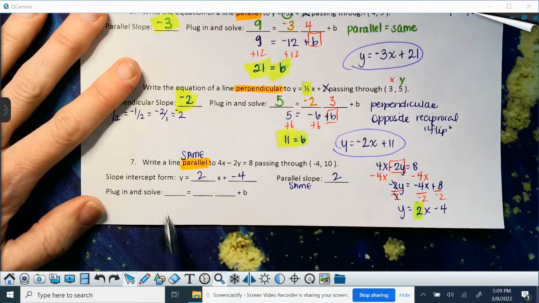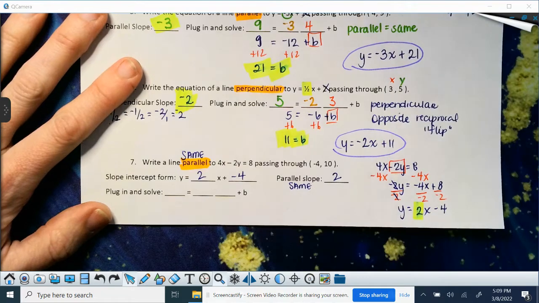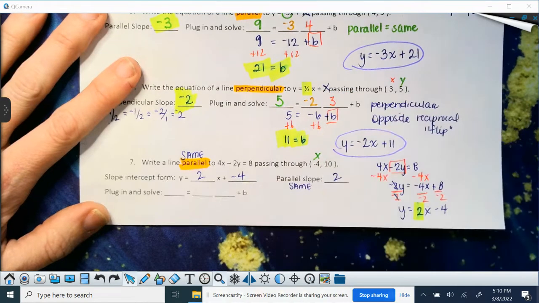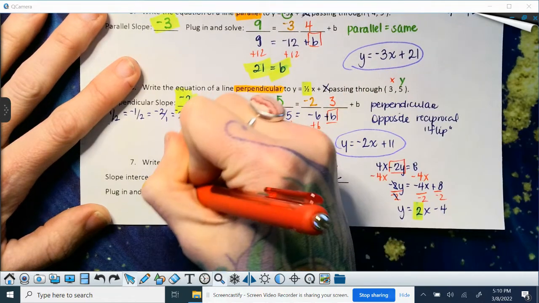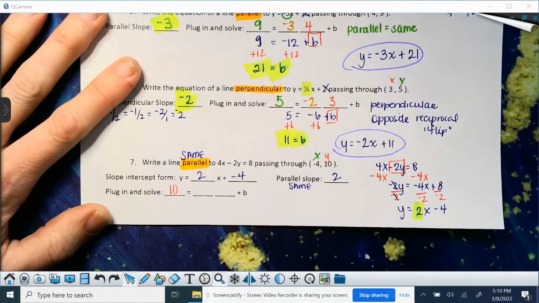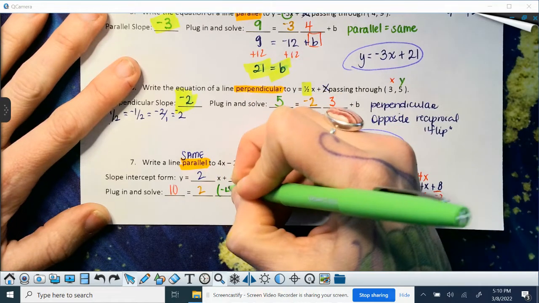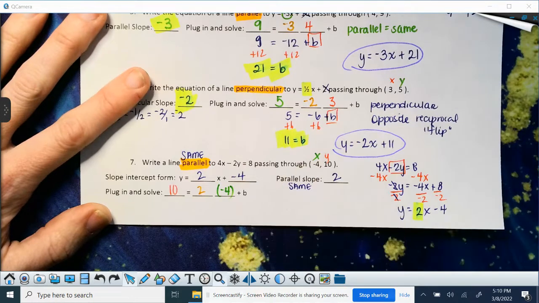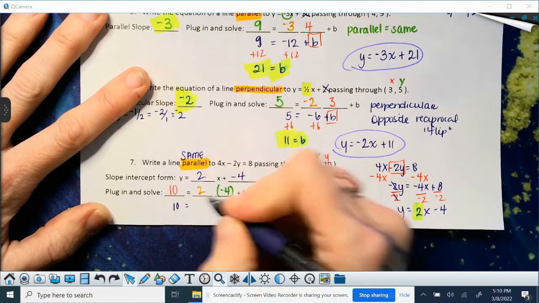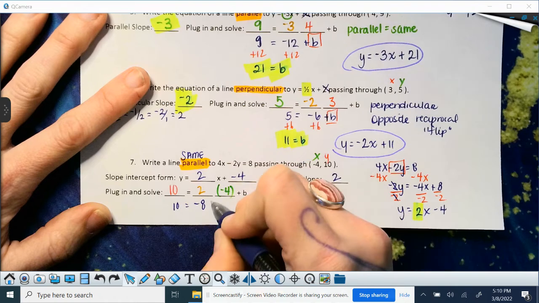So now we're going to take our x and our y that it tells us the line is going to pass through. Plug it in. So we have our y value of 10. Our slope is 2. And then our x value is a negative 4. And then we're going to solve for the b of our new line. So 10 equals negative 8, because 2 times negative 4, plus b.